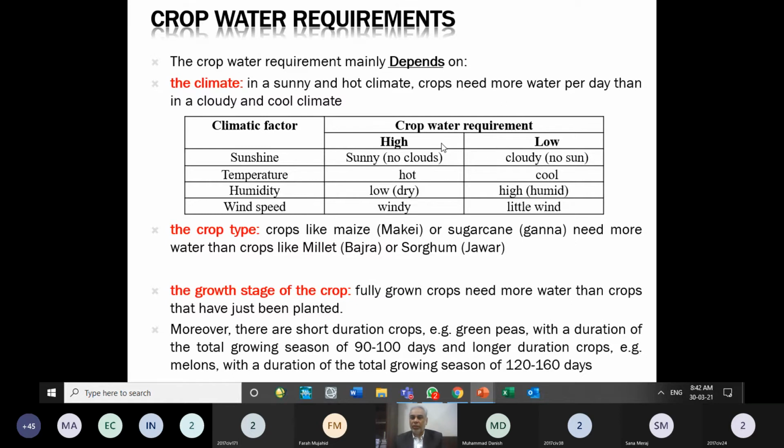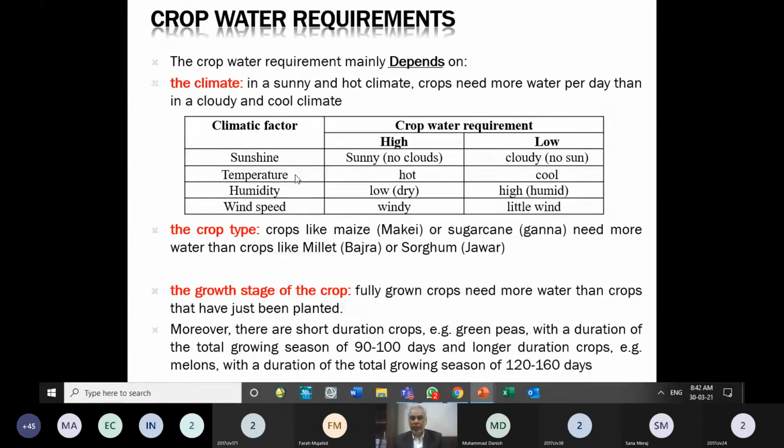So we cannot say that water requirement for wheat is constant throughout the world. It will be dependent upon the local climatic condition and the local energy available for evapotranspiration.